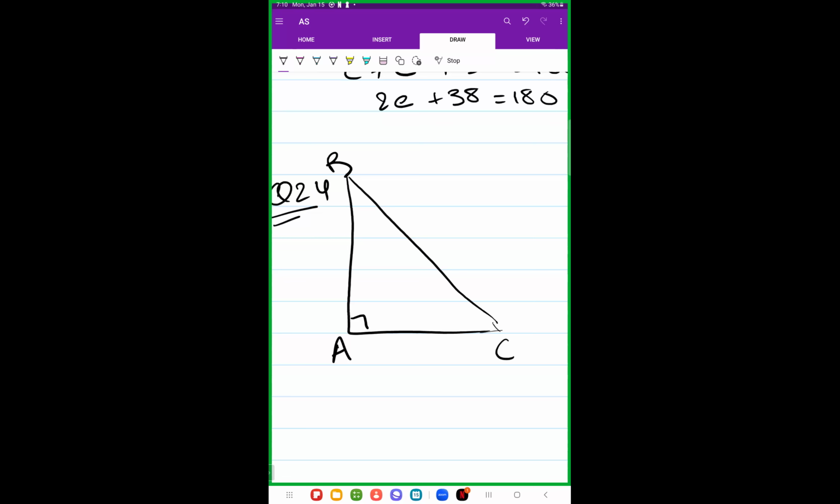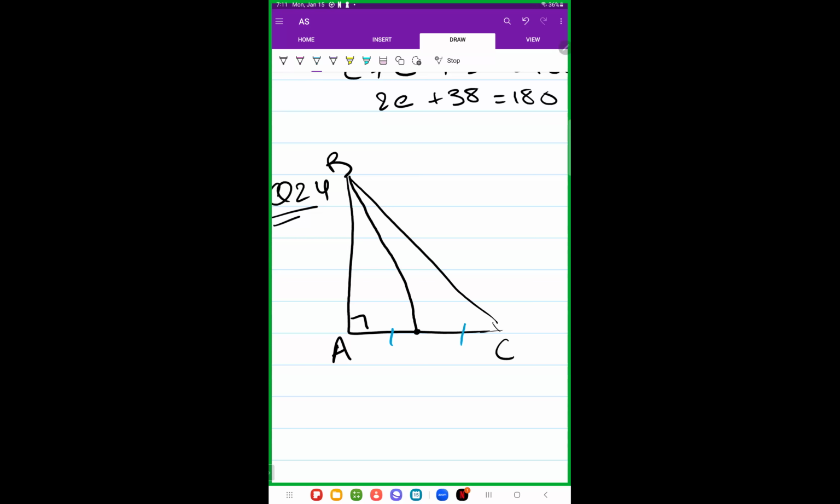I don't know what it meant by that. D is a point on AC such that BD bisects B. Bisects means that it cuts in equal lengths, right in the middle. So this side and this side would be equal.